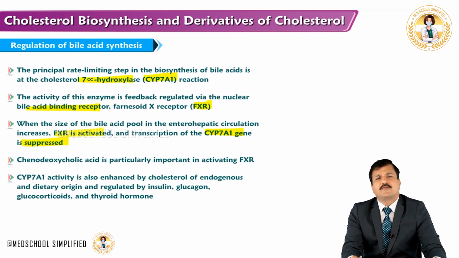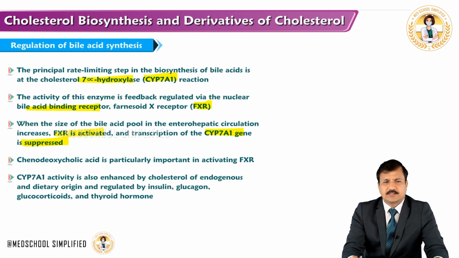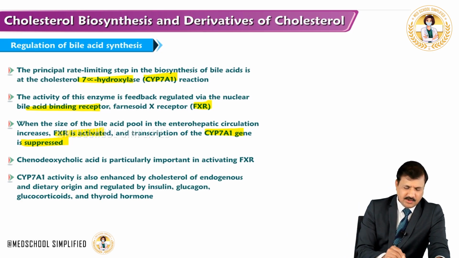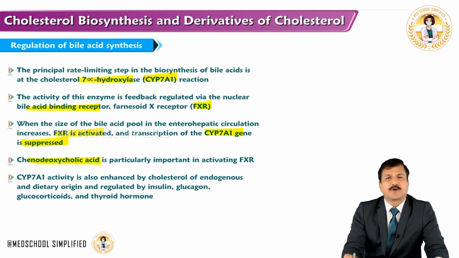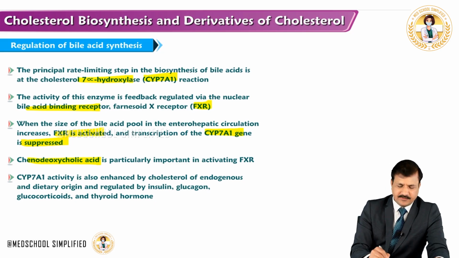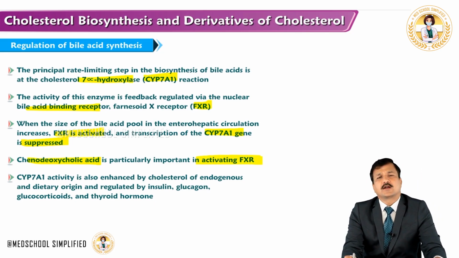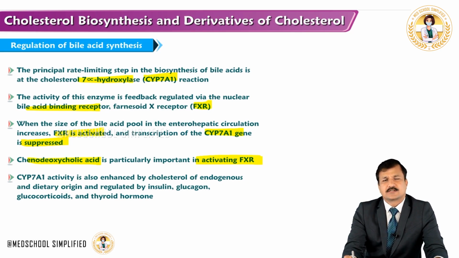This is a kind of negative feedback effect in response to higher levels of bile acids in the enterohepatic circulation. Out of the two primary bile acids, cholic acid and chenodeoxycholic acid, chenodeoxycholic acid is of particular importance in activating the FXR receptor and thereby regulating the bile acid levels in the body. Remember that point.